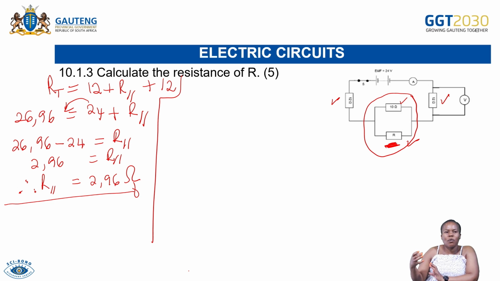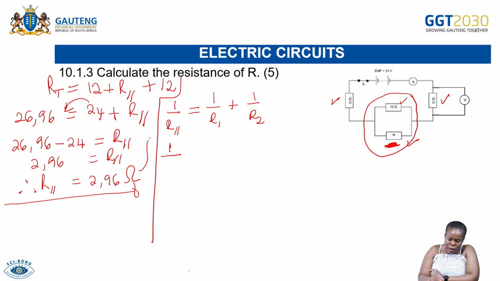So what is the formula I can use so that I can substitute the resistance in parallel? I said 1 over R parallel is equals to 1 over R1 plus 1 over R2. And then I'm substituting over here.